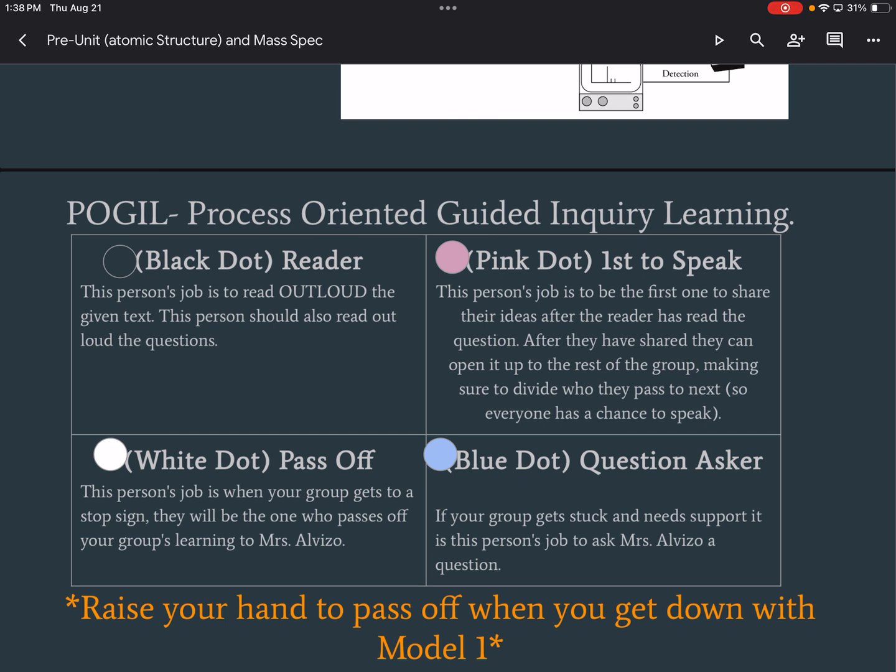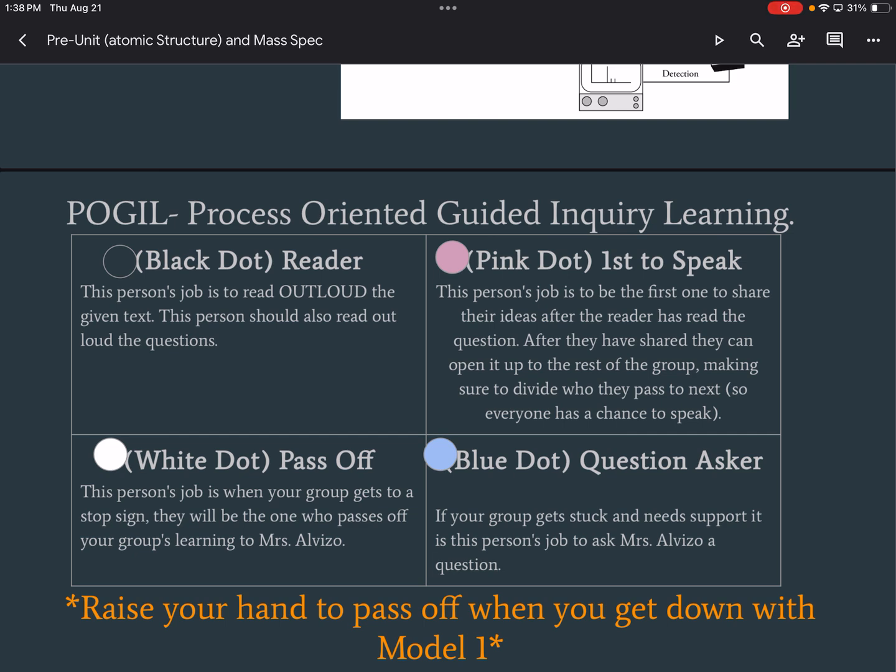Okay, pink dot, you are what I call the first to speak, okay? Give me your attention, everybody. So after the reader has read the question, then the pink dot will be the one to either answer their thoughts on it, or they can ask someone else their thoughts. The goal as the pink dot, your job is to divide up the talking.